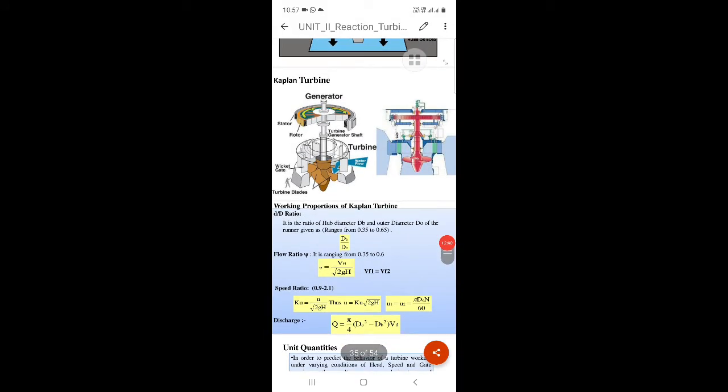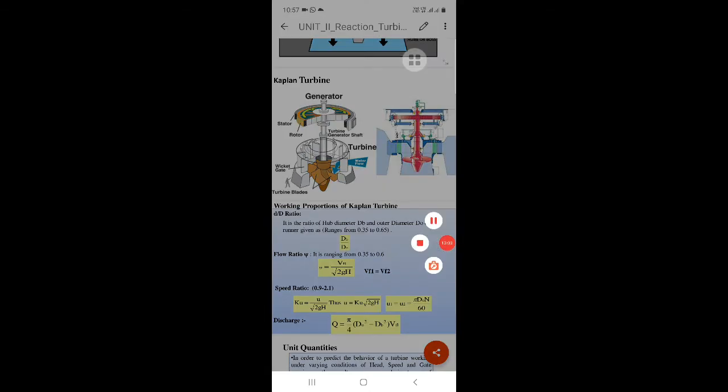So next is the D_B by D_O ratio. It is the ratio of hub diameter to the diameter of the runner. So DB is the hub diameter, DO is the outer diameter. Next, flow ratio psi, which ranges from 0.35 to 0.6. Psi is equal to Vf1 upon root 2gH. So Vf1 is equal to Vf2.